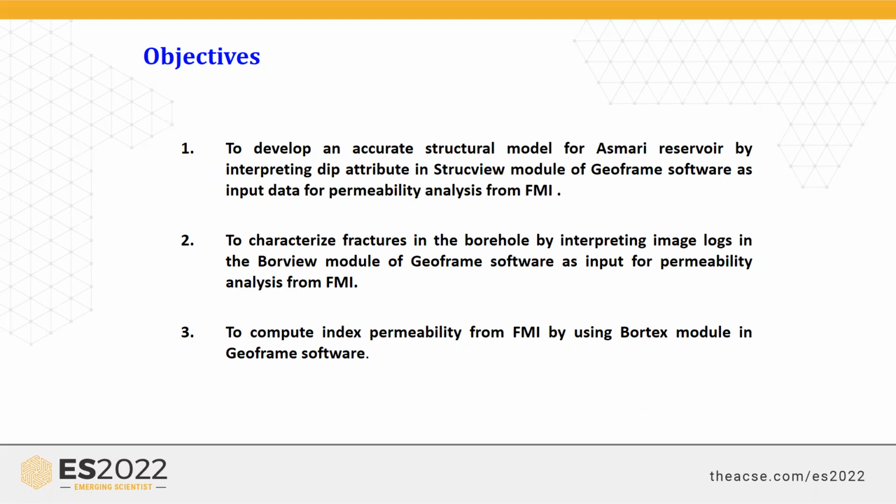The second objective is to characterize fractures in the borehole by interpreting image logs accurately in BoreView, again as input for permeability analysis from FMI. The third objective is to compute index mobility from FMI by using the Vortex module in GeoFrame.